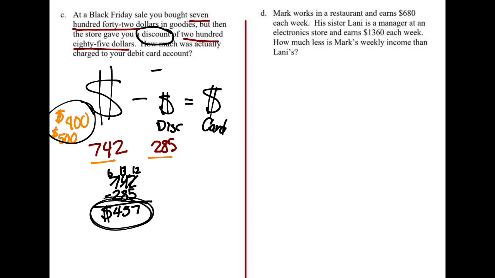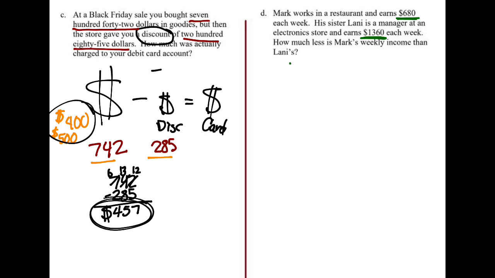So I would assume that's going to be a subtract, right? Okay, so let's draw it out and see what we've got. So if we're talking money, we have who makes the most. Okay, so Lanny makes, I'm assuming it's Lanny, is $1,360, and Mark makes $680. Okay, so she makes more than he does.